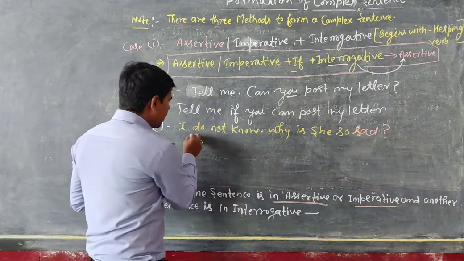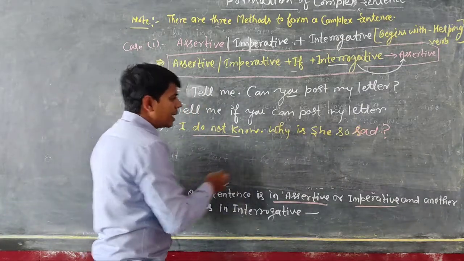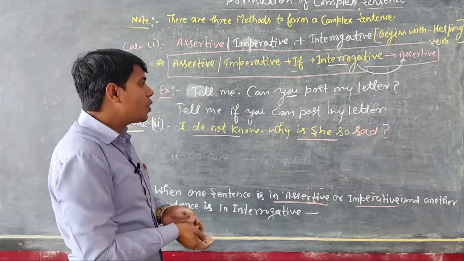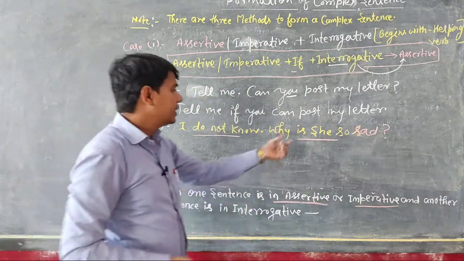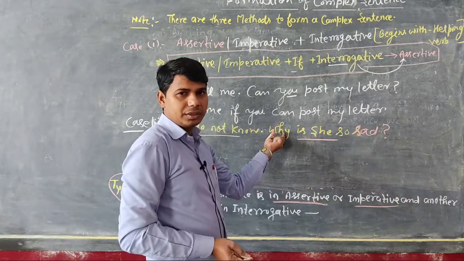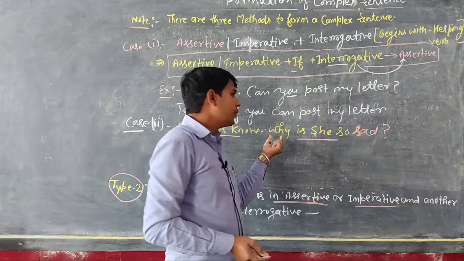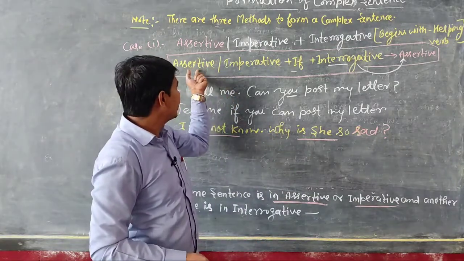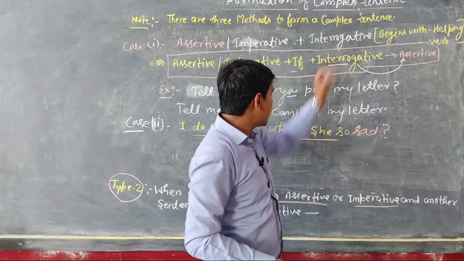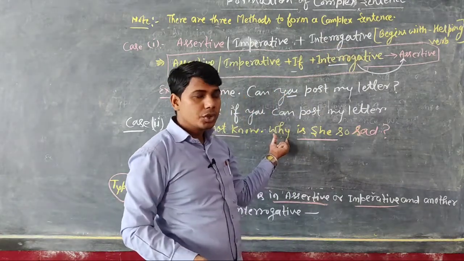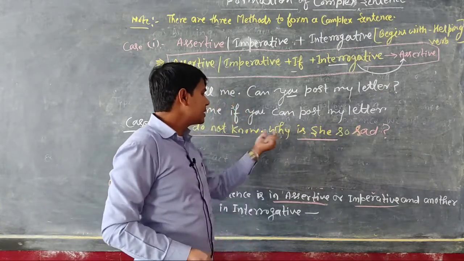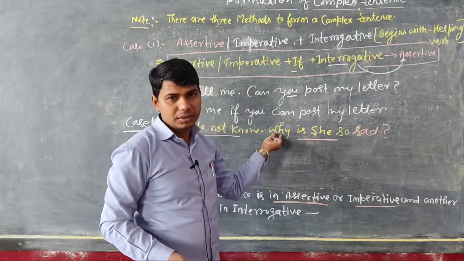So this is an assertive sentence, and this is an interrogative sentence. But now we have a little bit of change. This interrogative sentence is starting with the WH family question word. So dear, when one sentence is either assertive or imperative and another is interrogative but starting with the WH family, in that case we use that WH family word to join both sentences.